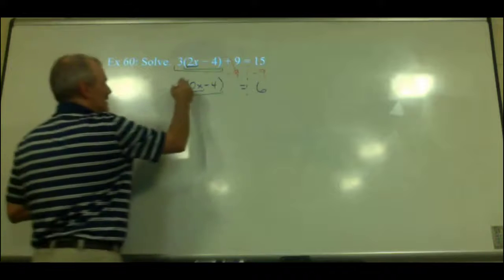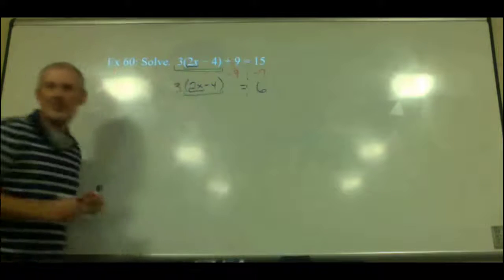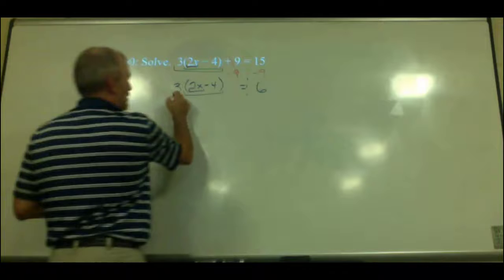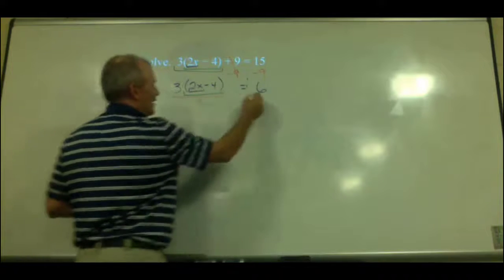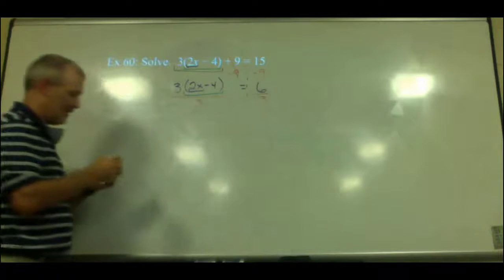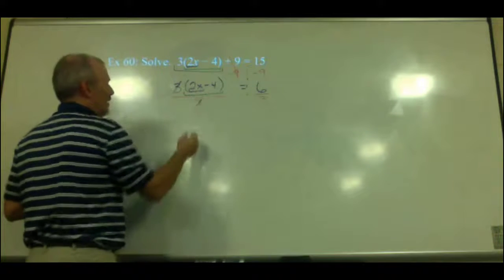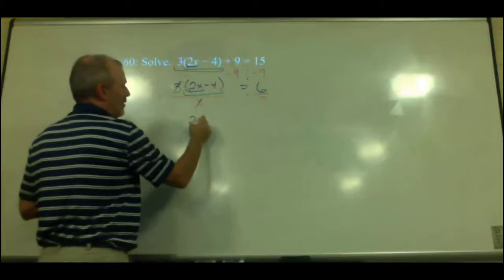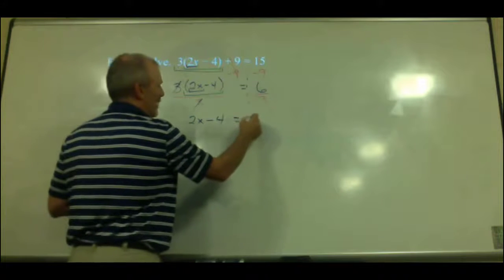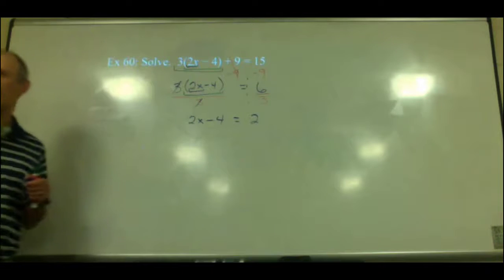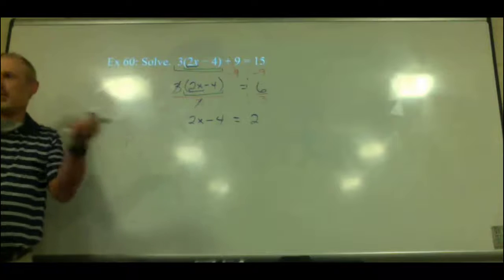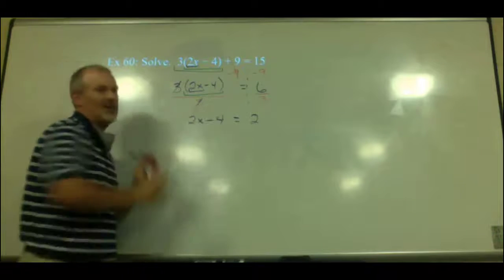Divide, because this is times 3 times the parentheses. We are going to divide by 3, and the 3's will cancel out. Now we don't need that parentheses anymore. Does that make sense why I don't need the parentheses anymore? Because there's nothing outside of the parentheses that it matters. We know that this is grouped together because that's all that there is.